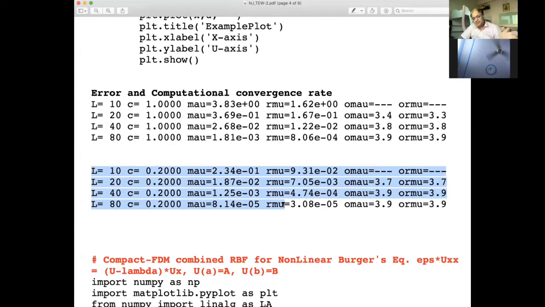You have seen by changing the value of C, the shape of the curve is changed. Rather, not only shape, in fact, the area under the curve is also changed. It is not like Dirac delta function kind of things. No, here the area is also changing. So shape parameter of radial basis function is affecting the solution error and consequently the solution.